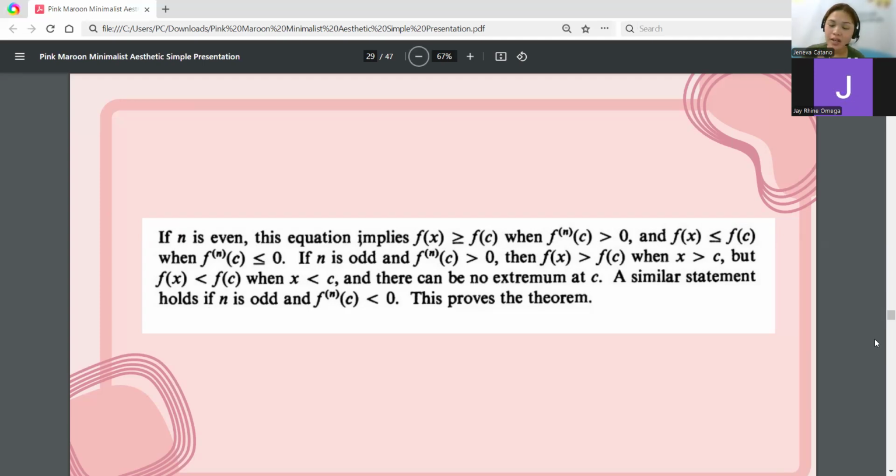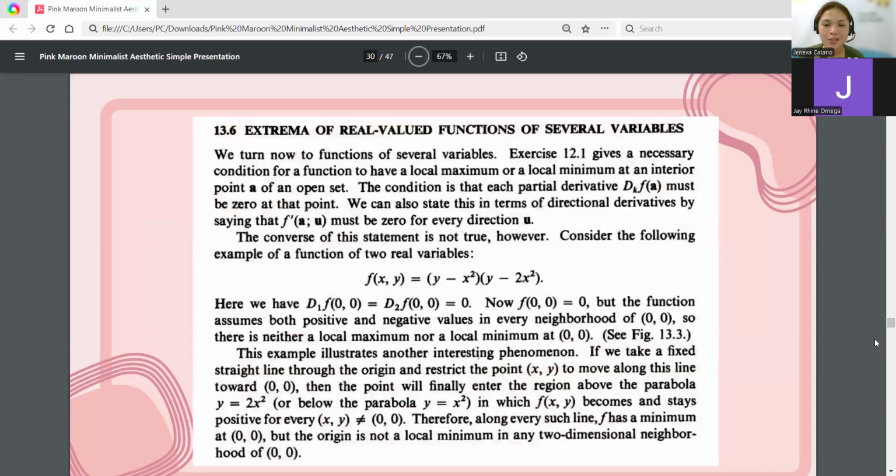If n is odd and f^(n)(c) is greater than 0, then f(x) is greater than f(c) when x is greater than c, but f(x) is less than f(c) when x is less than c, and there can be no extremum at c. A similar statement holds if n is odd and f^(n)(c) is less than 0. So this proves the theorem. Now let's move on to the next page.